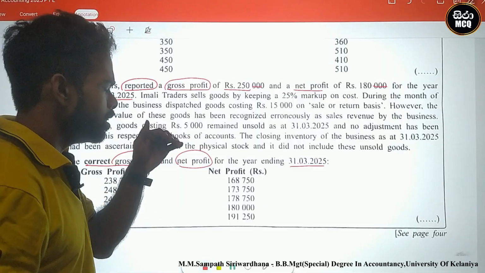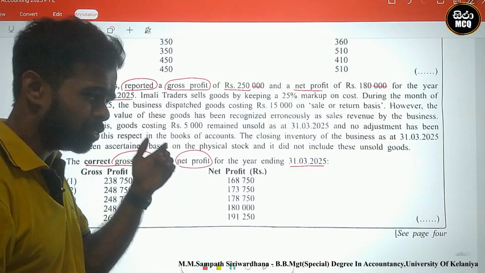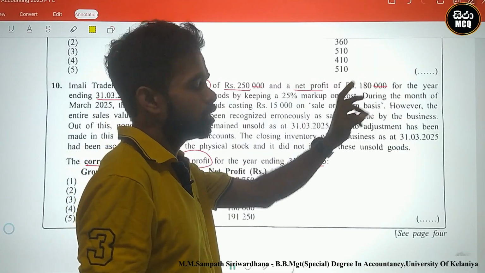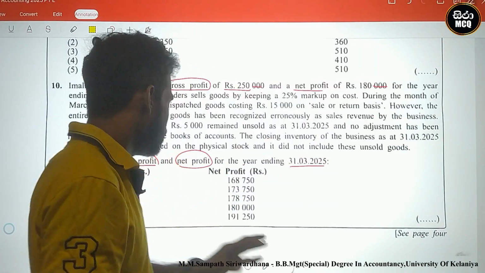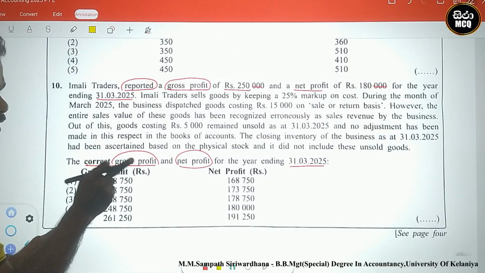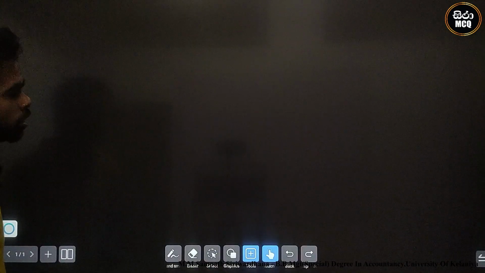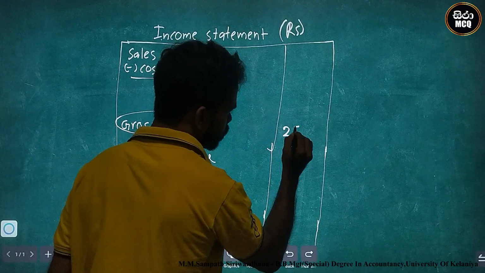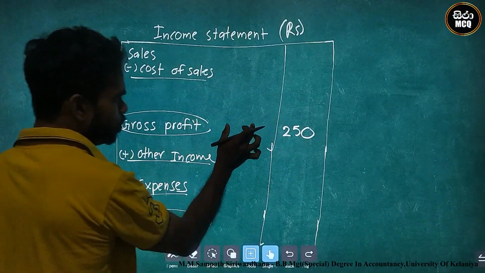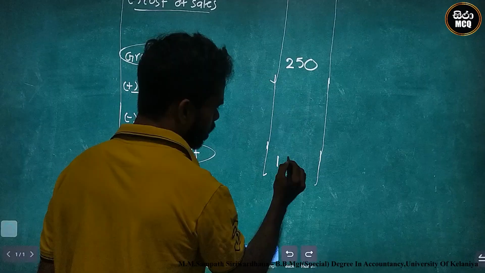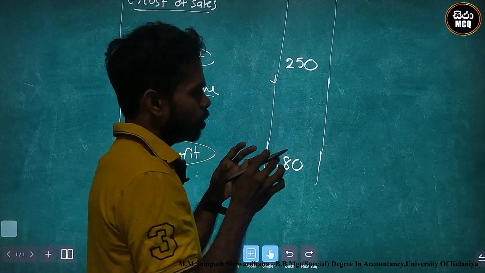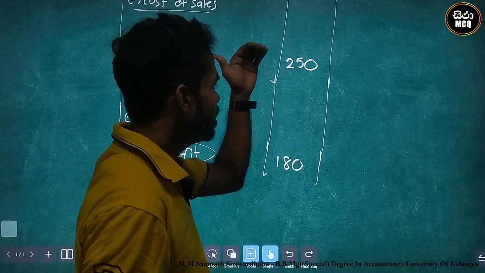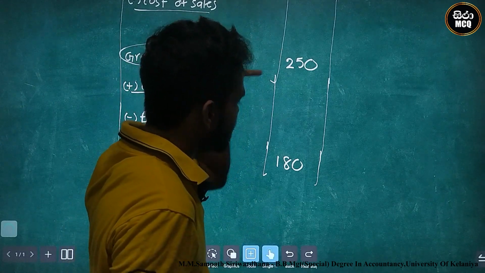In this year, they calculated gross profit 250 and net profit 180. We must include these 250 and 180. This is the already calculated gross profit and net profit. These are the incorrect values.